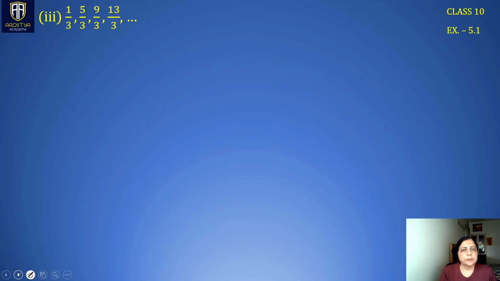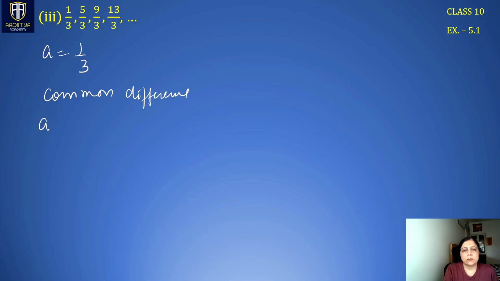Next is first term here is 1 by 3. And then for common difference we have to subtract a1 from a2. This is 5 by 3 minus 1 by 3.